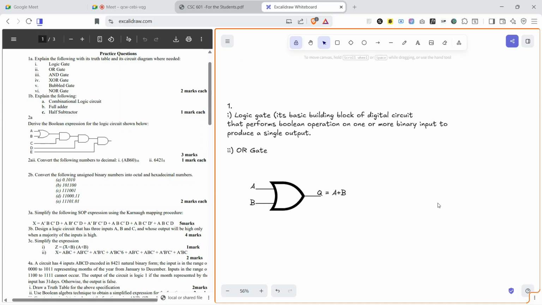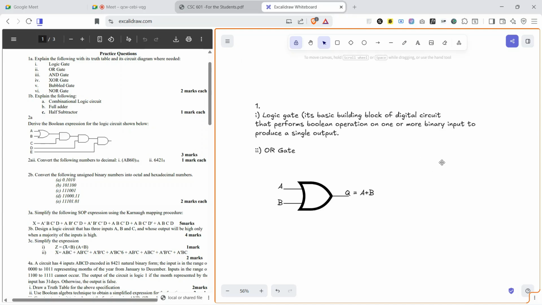So the truth table for this is A, B, and Q. So 0, 0, 0; 0, 1, 1; 1, 0, 1; 1, 1, 1.